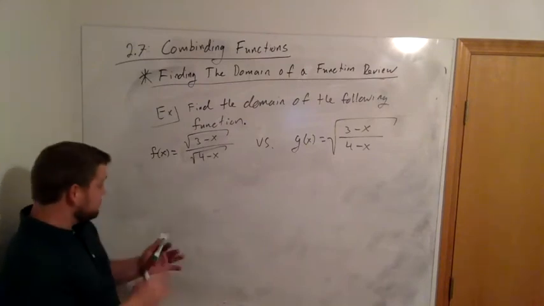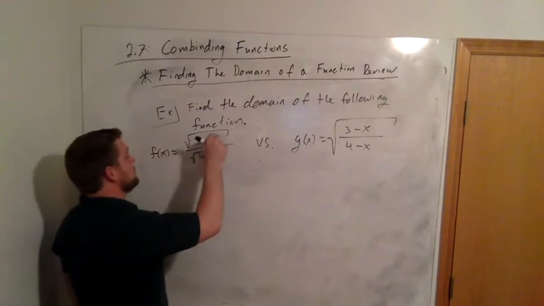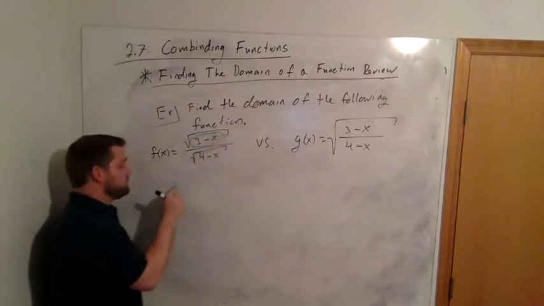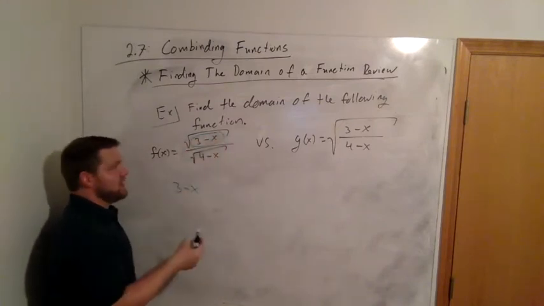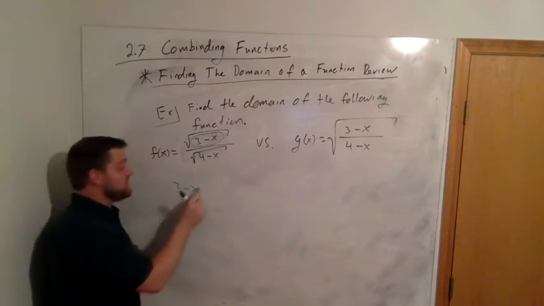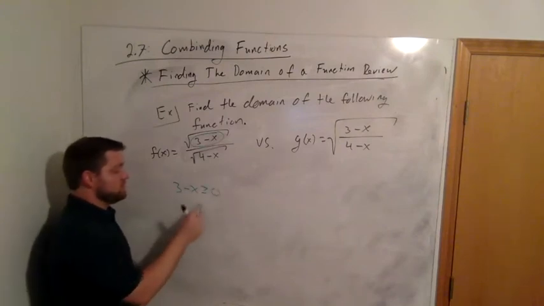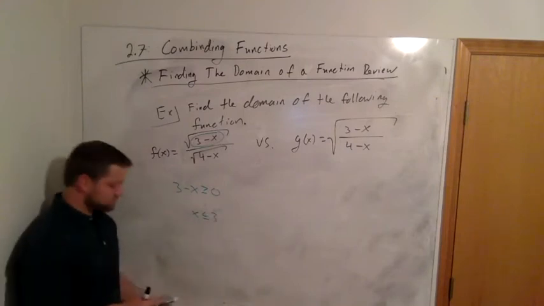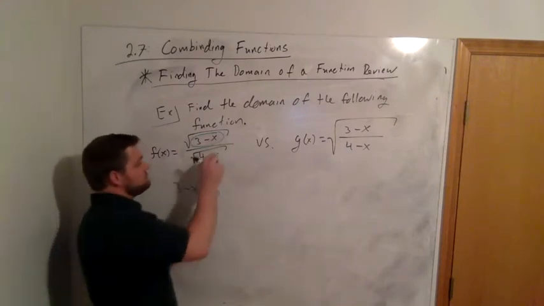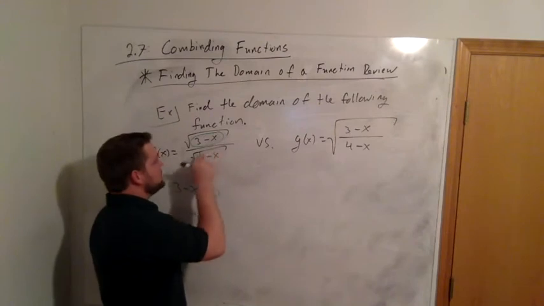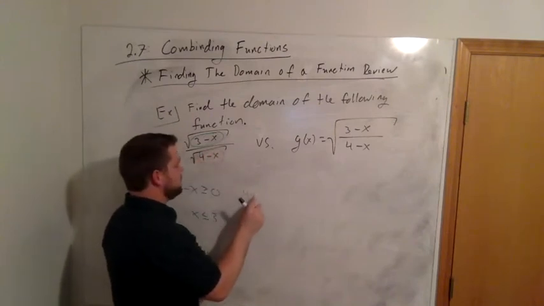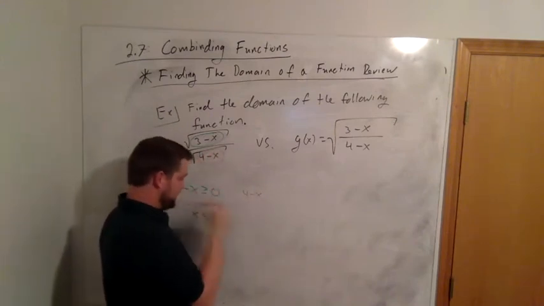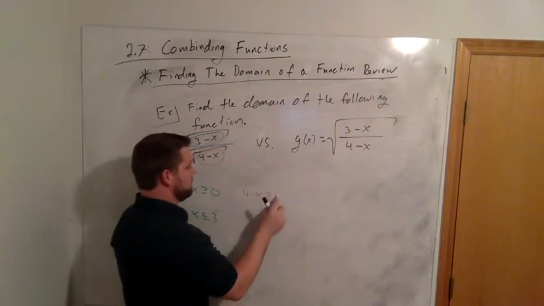Okay. For this first example, there's two things I'm worried about. I'm worried about 3 minus x being negative, so I need to make sure that 3 minus x is bigger than or equal to 0. If we solve this, we need x to be less than or equal to 3. At the same time, I need 4 minus x to also be bigger than or equal to 0.